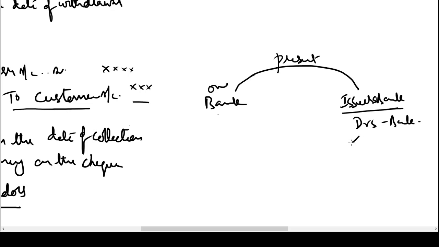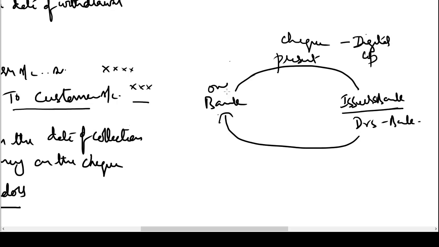Okay, and then money will come to our bank. The check will go not in the physical form, it's a digital copy. Our bank will present the digital copy of the check to the issuer's bank, to the bank where our customers were holding the bank account, and money will flow from the issuer bank to our bank.